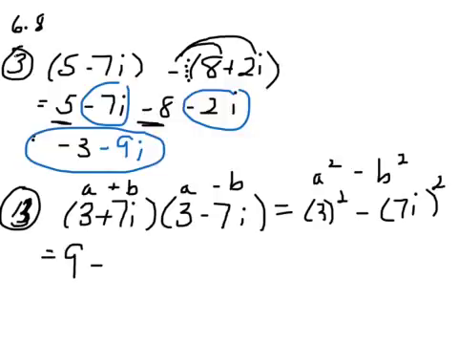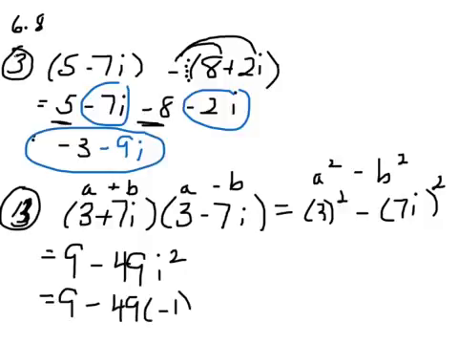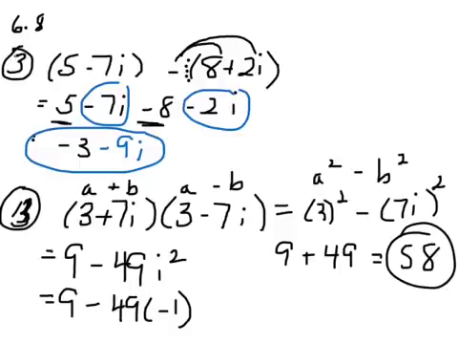That would be 9 minus, you have to square both the 7 and the i. 7 squared is 49, and i squared is negative 1. So 9 plus 49 is 58. So we see that when we have a difference of two squares pattern, it gets rid of the i's.